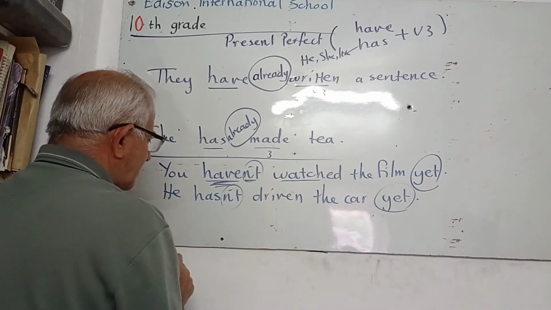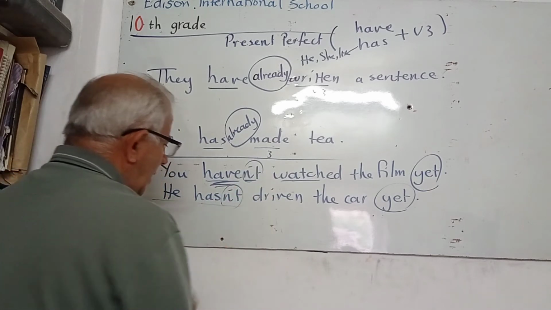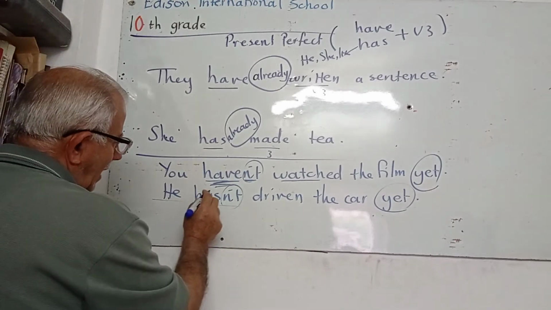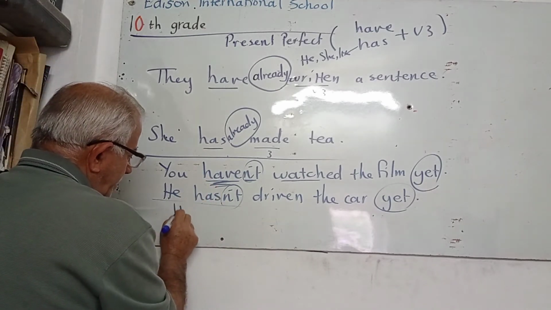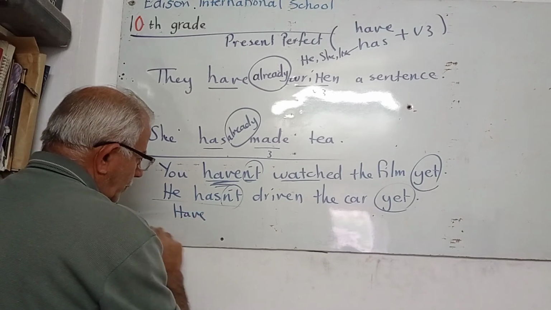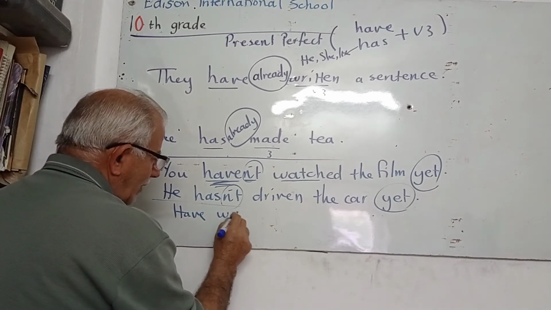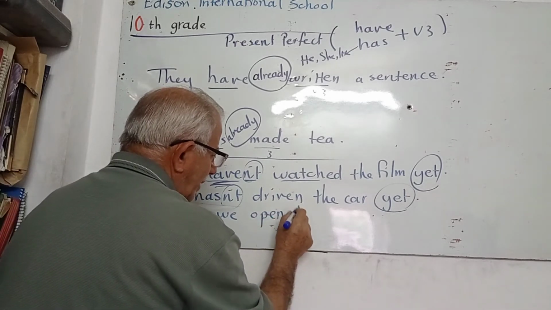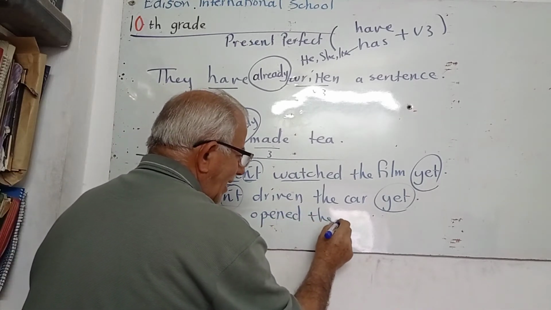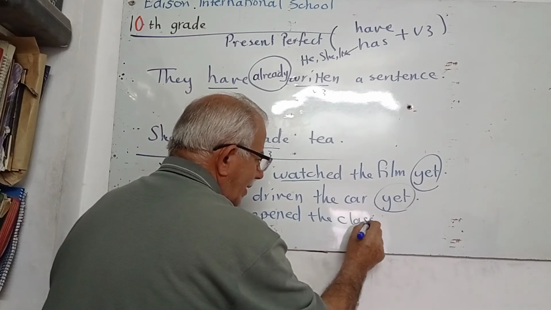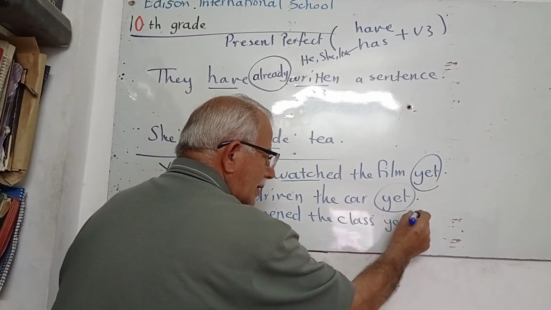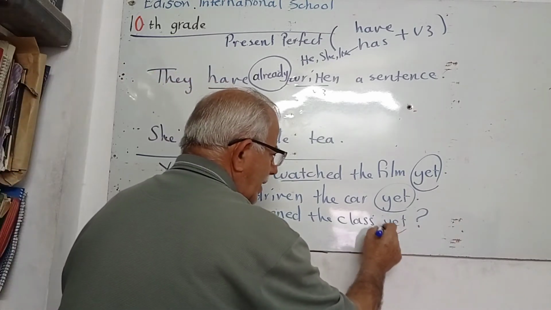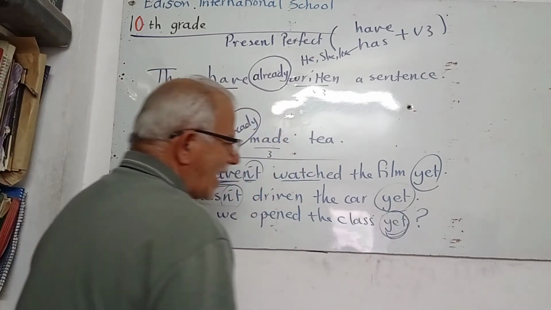It is negative. And look, I will write two sentences about questions. Have we opened the class yet? And this is a question mark. Now, why do we use yet?